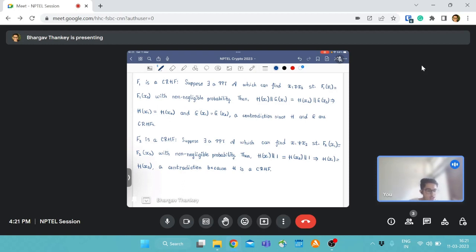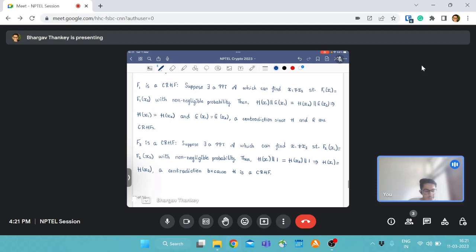Then g is not a collision resistant hash function, and yet, because of what we saw immediately after we saw this, even if G were not a collision resistant hash function, F1 would still be a collision resistant hash function. So we could have used that to argue that F2 is also a CRHF by just saying that we will replace 1 with G, where G just maps everything to 1. Is this fine?